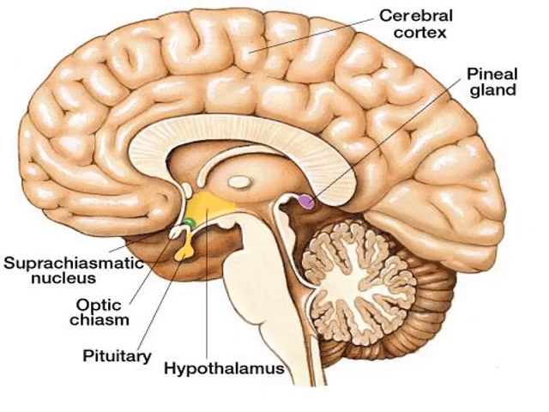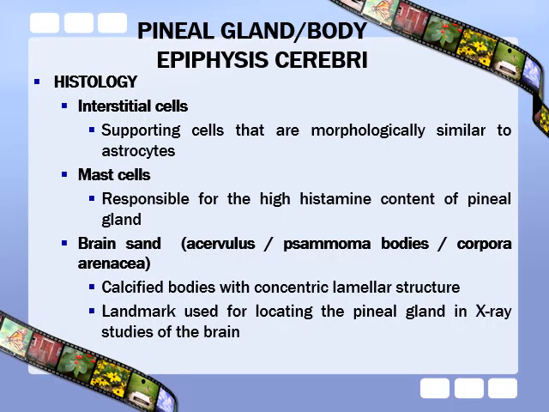As you can see in the picture, there is the pineal gland. It also has interstitial cells, which are the supporting cells. We have mast cells responsible for the high histamine content of the pineal gland, and brain sand. It is the landmark used for locating the pineal gland in X-ray studies of the brain.